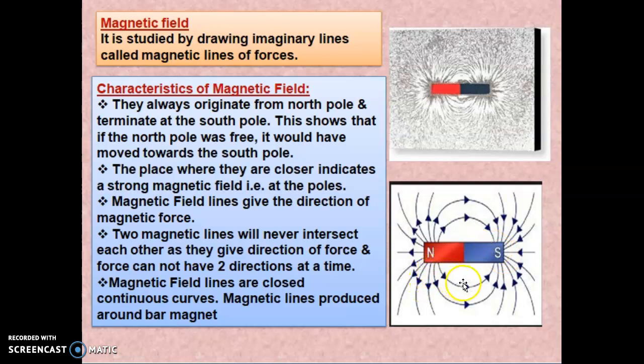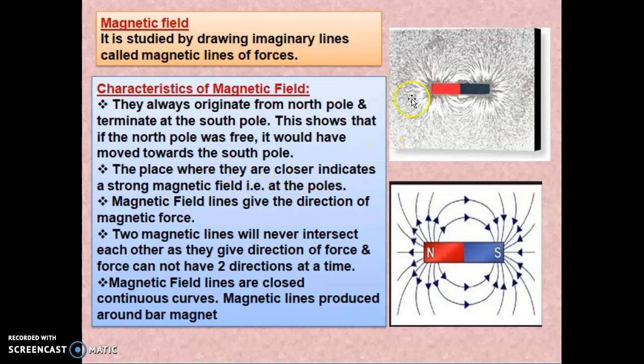You can see that it will start from the North Pole and end at the South Pole. This shows that if the North Pole were free, it would move towards the South Pole. The place where the lines are closer indicates a strong magnetic field, that is, at the poles.